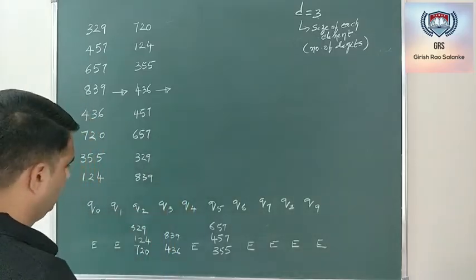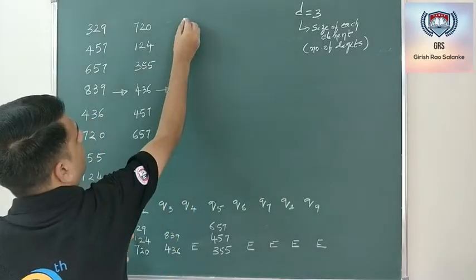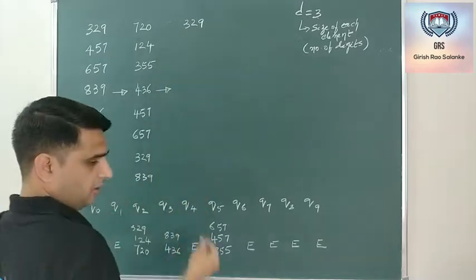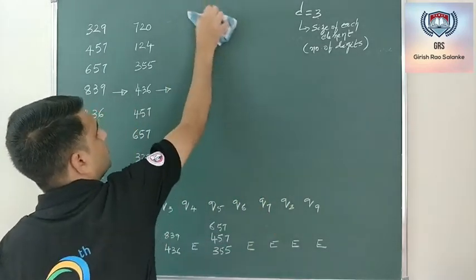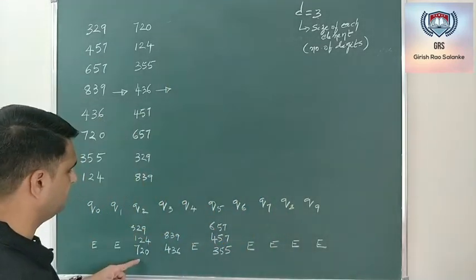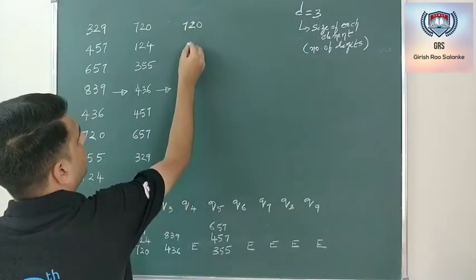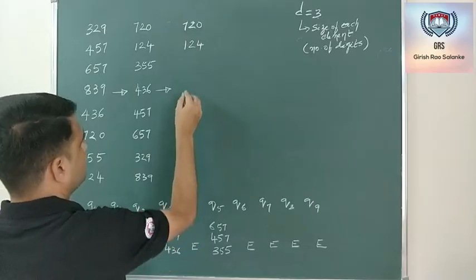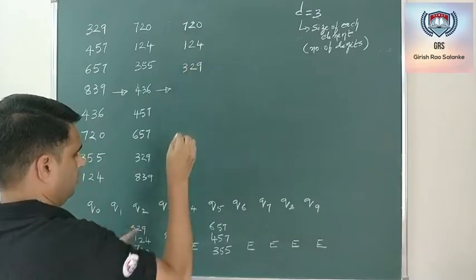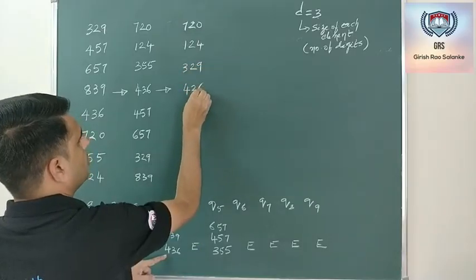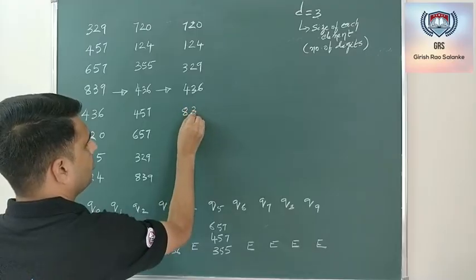Now take this from the Q. First is 329. Sorry. Which was the first element that we inserted? The first element inserted was 720. So 720. Next 124. Next 329. 436. 839.